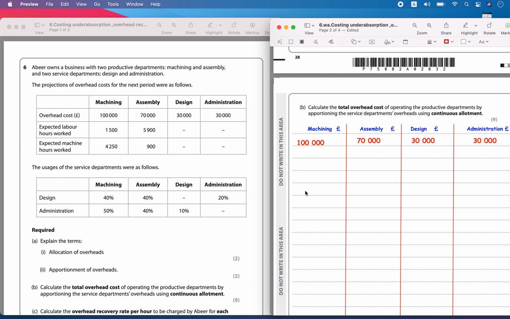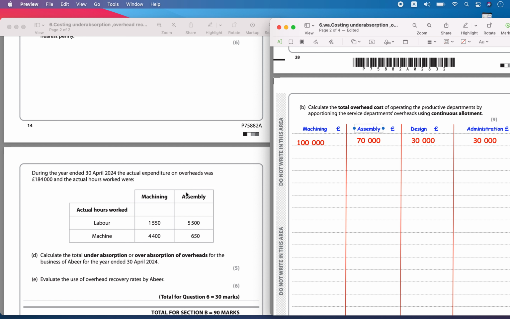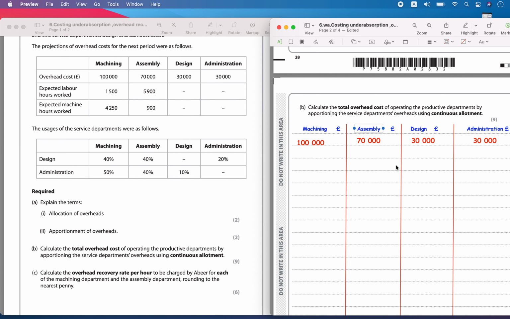Now I will remove the cost from design and administration and put it under machine and assembly. I'm going to take that cost and distribute it, but you can't just put it directly, so you will use some basis of apportioning and then transfer it.